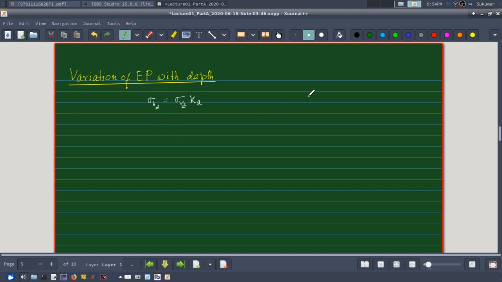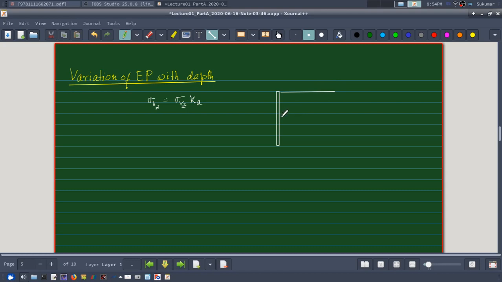And therefore suppose I have a vertical wall. Let me draw a small vertical wall, and say I have a backfill behind it.